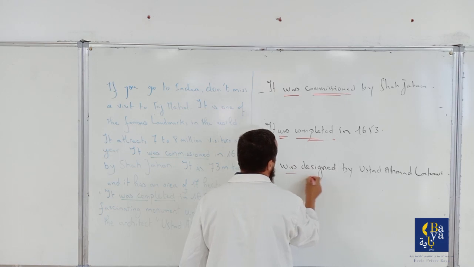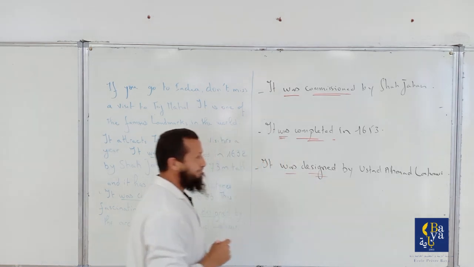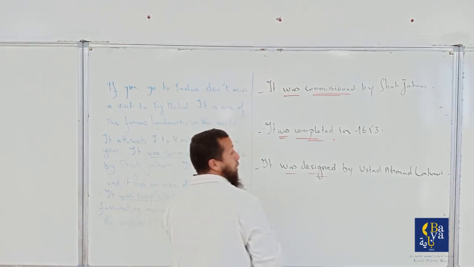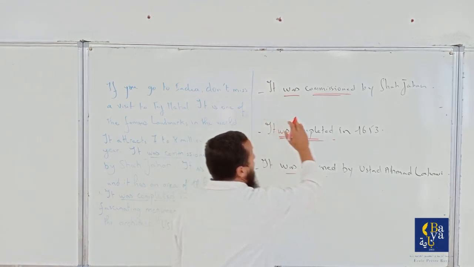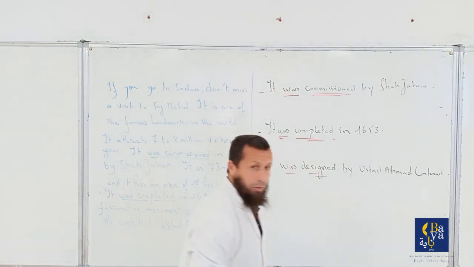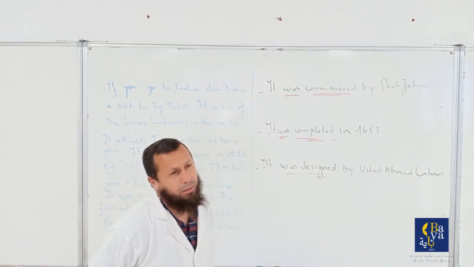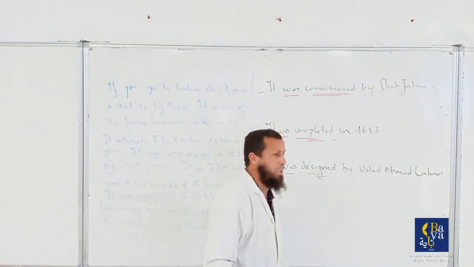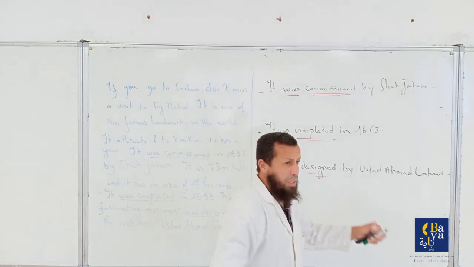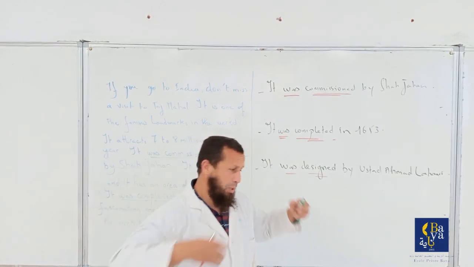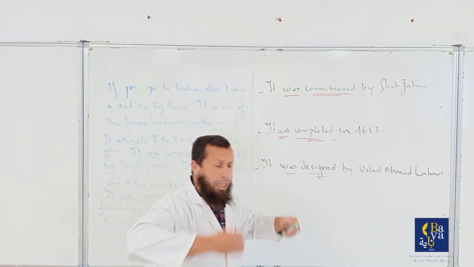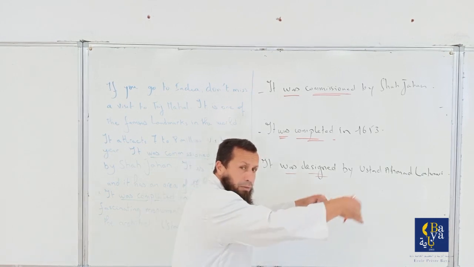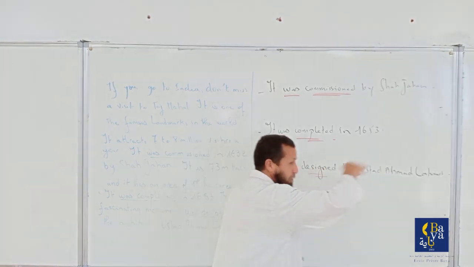Verb to be and past participle. When we say it was commissioned by Shah Jahan, we are talking about what? We are talking about Taj Mahal. Taj Mahal was commissioned by Shah Jahan. It means the construction was commissioned under the view of Shah Jahan, under the order of Shah Jahan.